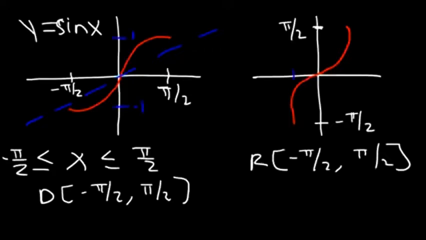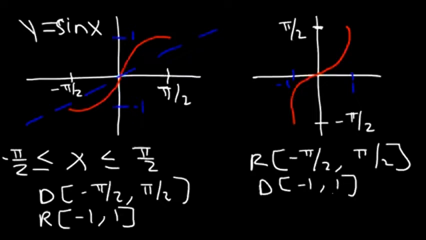So now those values are the x values, negative 1 to 1. So the range of the sine function, which is negative 1 to 1, now becomes the domain of the inverse sine function, or the arc sine function, which is negative 1 to 1. So now you know the domain and range of the arc sine function, and you have its graph as well.